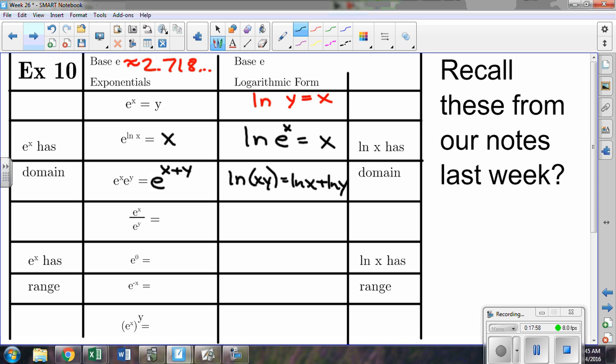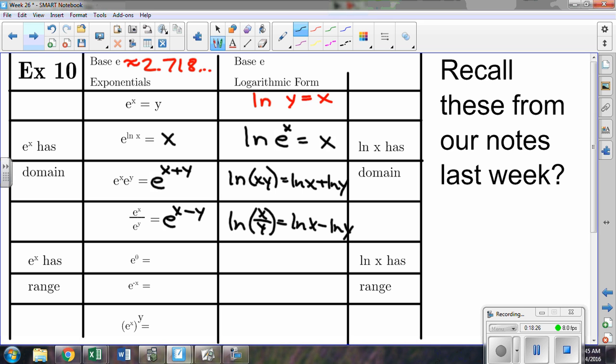Similarly, moving to the next line, our rule was to subtract the exponents. That rule rewritten in its logarithmic form, if we have a quotient, we'll split it up by subtracting the logarithms. Progressing to the next line.